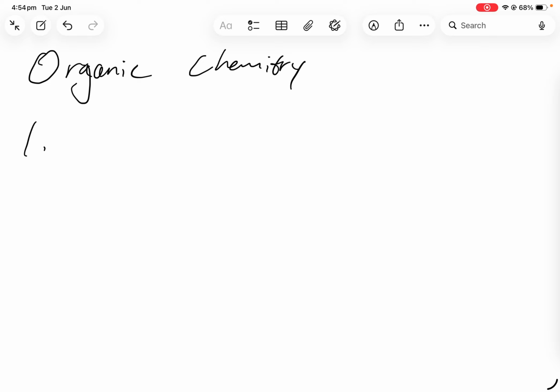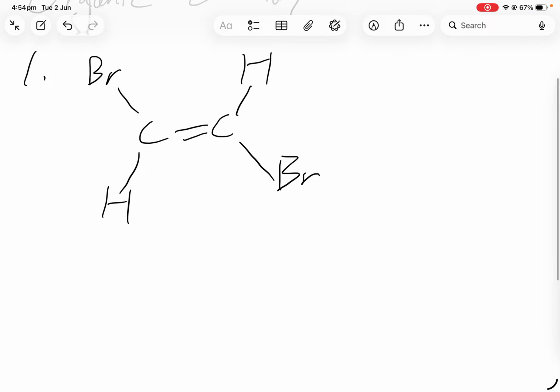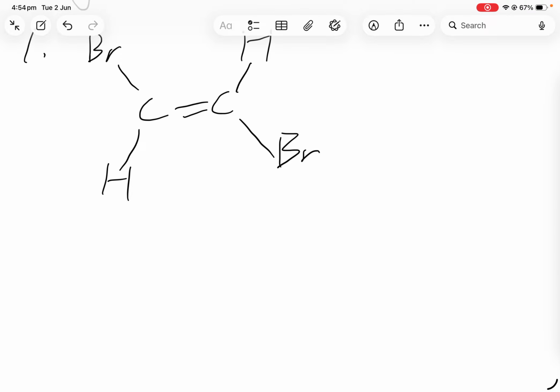First we'll name two, let's say. Here's the first question. So we want to name this thing. All right, so there's only two carbons, so it's definitely an ethene. So it's ethene at the end.